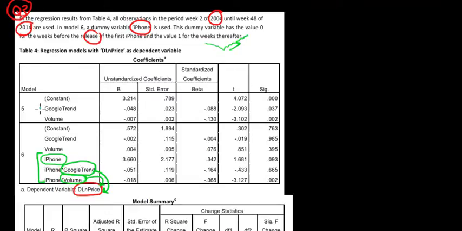We have these 2 variables in model 5, we have them also in model 6, but we add 3 additional variables to see if the regression parameters change. So we are doing a Chow break test, to see if there's a break in the regression parameters, to see if the coefficients will become different after the release of the iPhone.